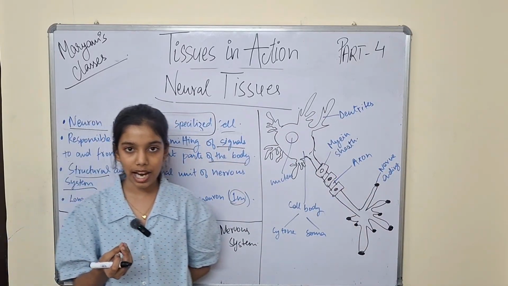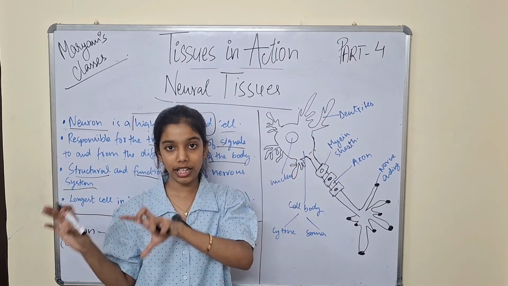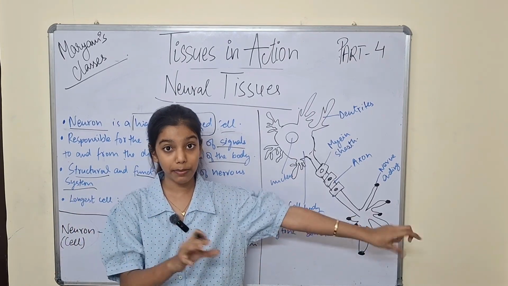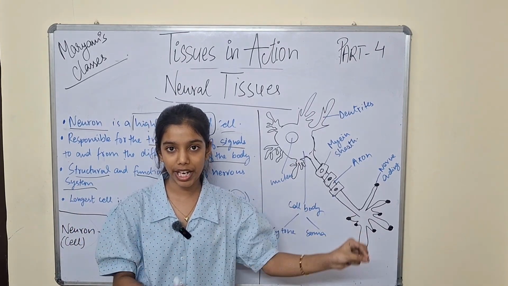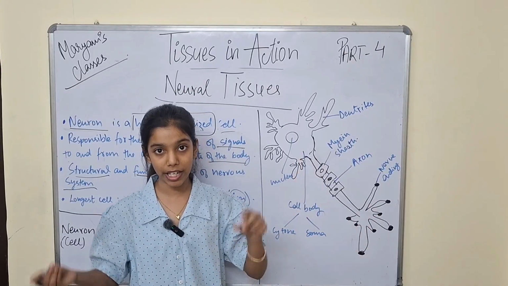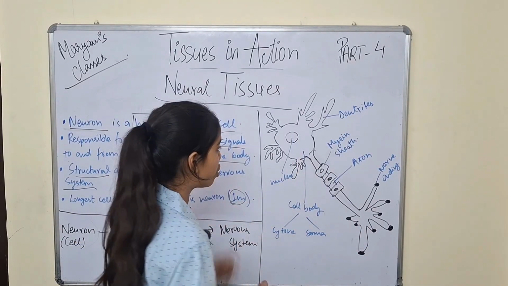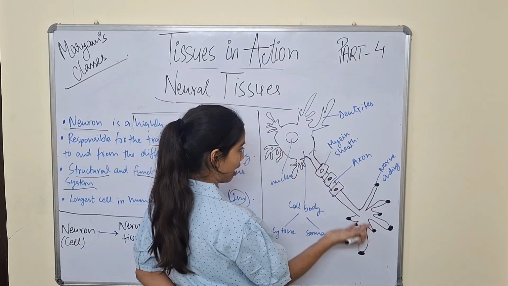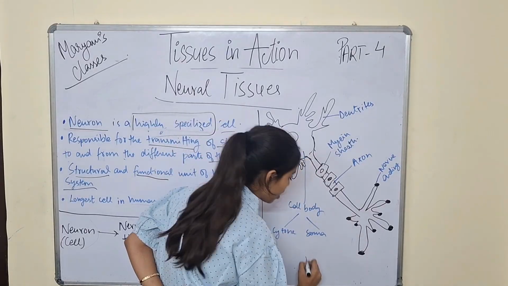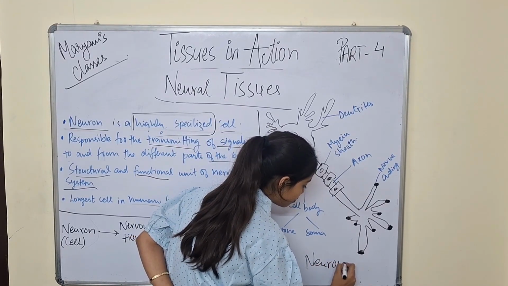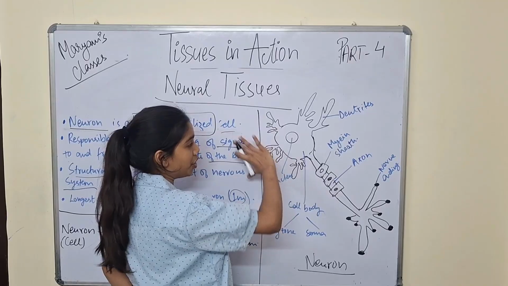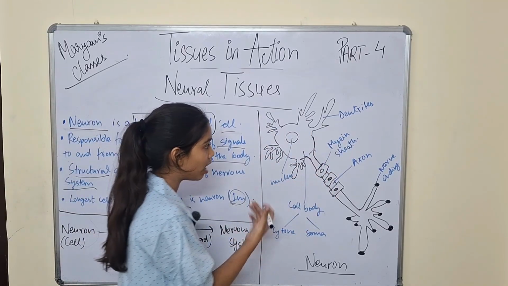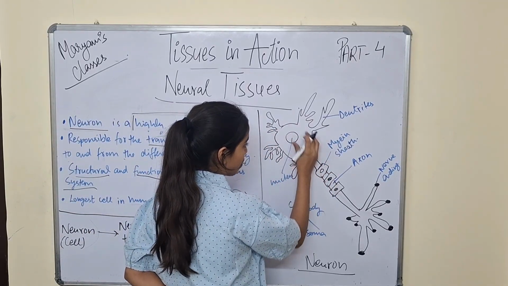Now let's understand how the neuron transmits signals to the brain, or from the brain to the body parts, or vice versa. So this is the diagram of a neuron cell. You can see over here I have labeled it. First of all, this is the first part.